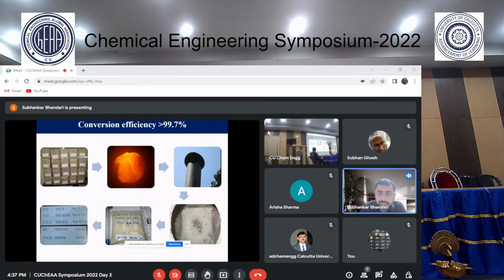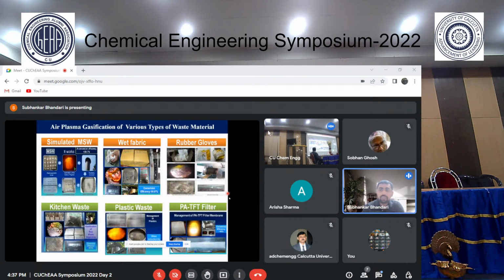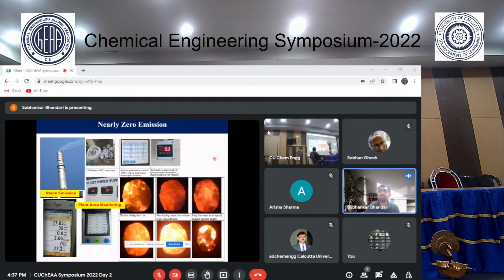You can see there is no bottom ash as such left over. So the conversion efficiency, 99.7% we got in the first experiment, and we did experiments with various types of waste material, starting from simulated municipal solid waste, wet fabric, rubber gloves, kitchen waste, which contains lots of moisture, lots of water, and plastic waste, PTFE filters. These are used filters. In all the cases, we have achieved a very good conversion efficiency.